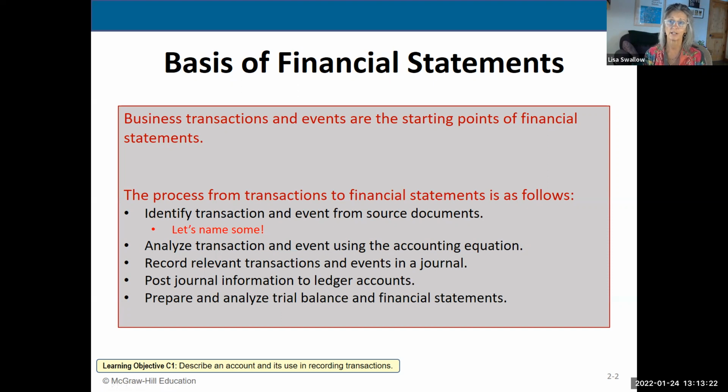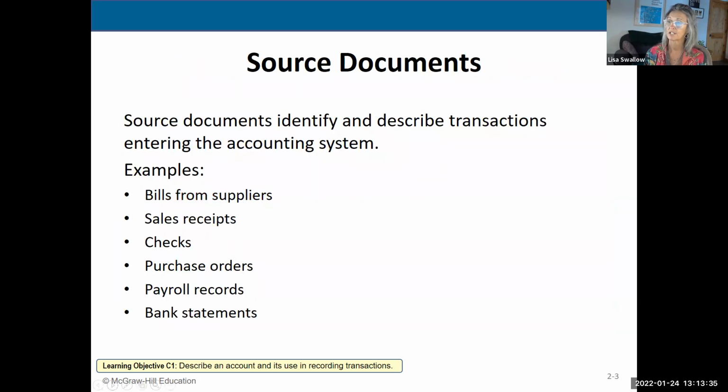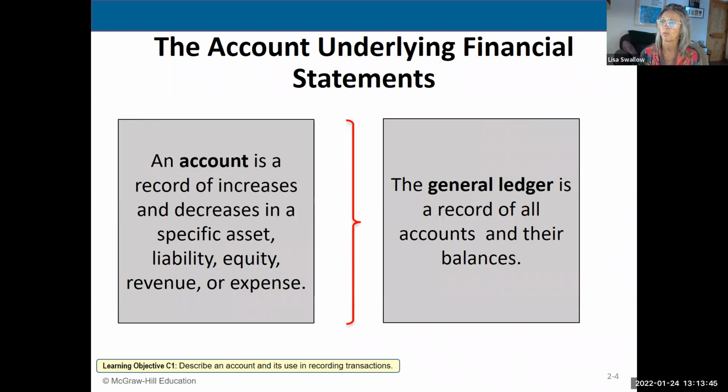And then we use our ledger to run a trial balance to make sure all my debits still equal all my credits. And then I can do those financial statements we just talked about. Here are some different examples of the source documents that I'm going to use to analyze to do my general journal.